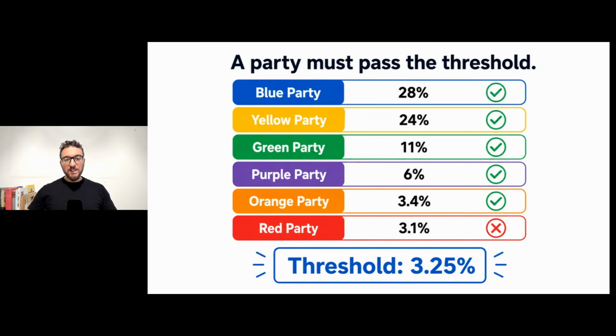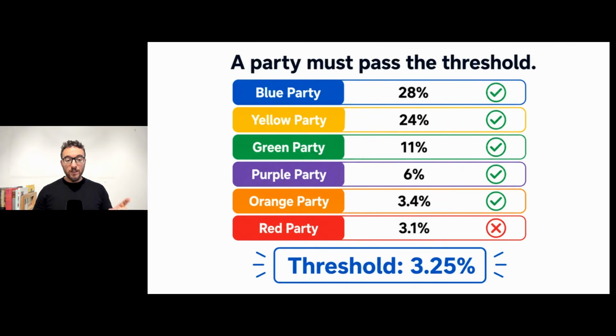And this threshold exists to keep very small parties out of Knesset. Later on, when we discuss coalition building, we'll see why it's important to keep those small parties out. But suffice to say for now that anyone who doesn't pass this threshold is eliminated and all their votes are thrown in the trash because those were votes for parties that didn't get in.